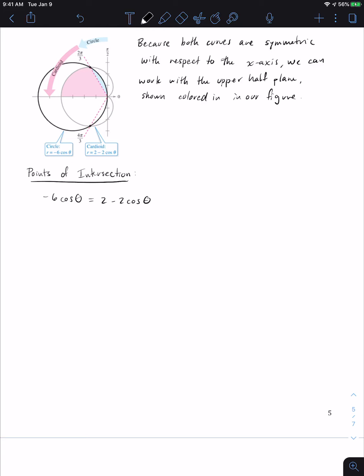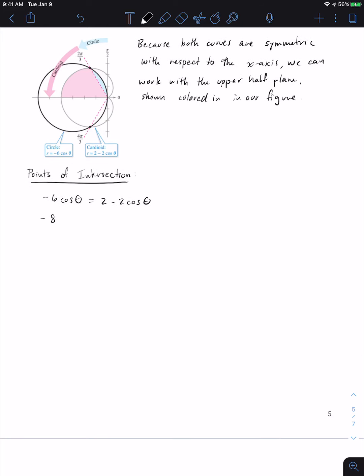If I add 2 cosine of theta, I get -4 cosine of theta equals 2, which means cosine of theta equals -1/2. When does cosine of theta equal -1/2? Well, that happens at 2 pi over 3 and at theta equals 7 pi over 6.